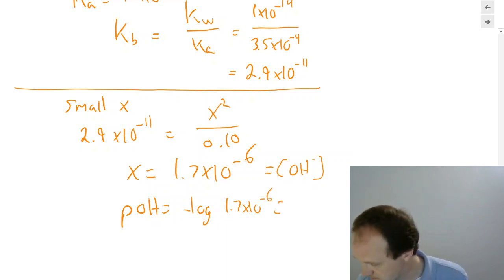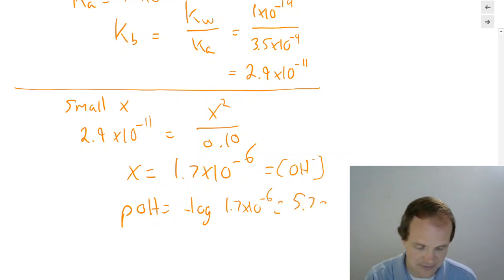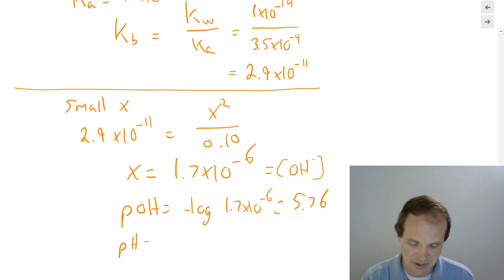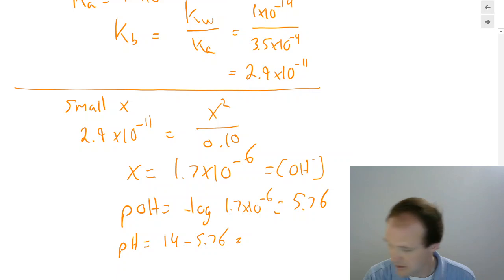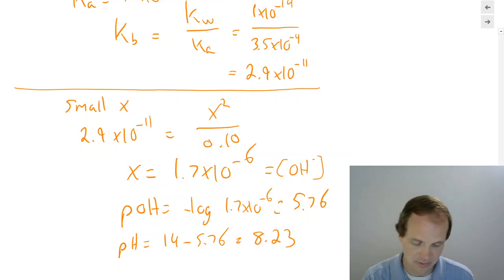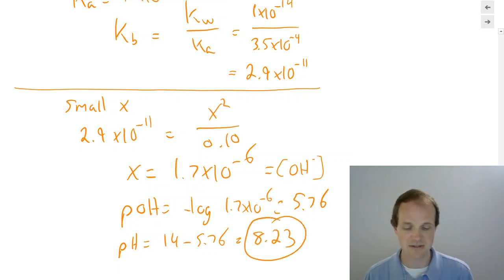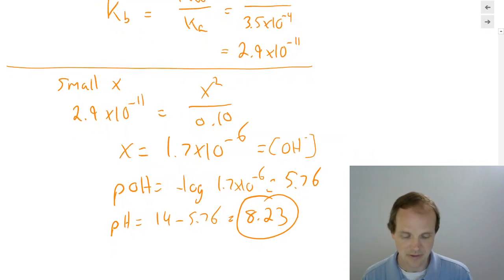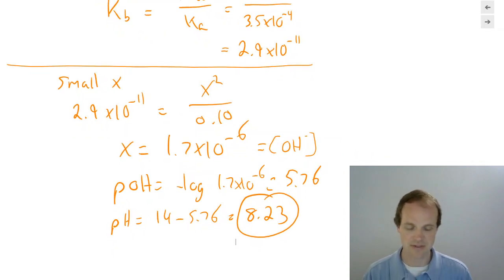I get 5.76, and then the pH is just going to be 14 minus 5.76, which is 8.23. Two sig figs, two digits after the decimal. Right, two sig figs in our K values, and two digits after the decimal in our pH. So 8.23, it is slightly basic, exactly what we'd expect.